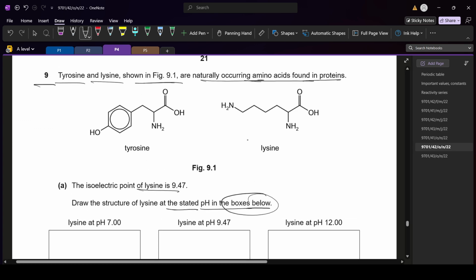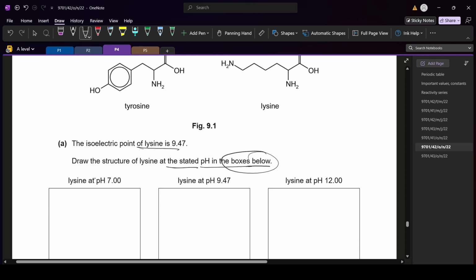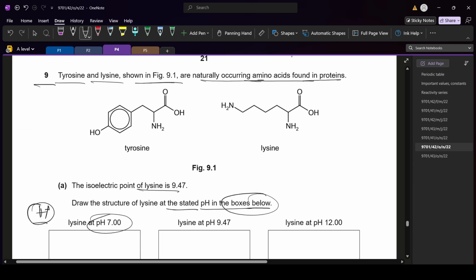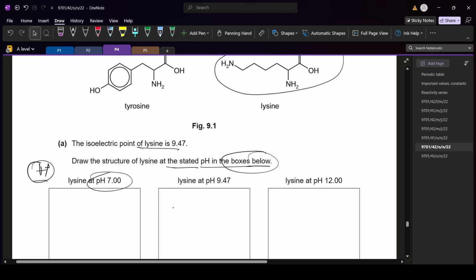So at pH 7, there will be more H+ ions, so it will form a carboxylic acid. So this is lysine. At the pH of the isoelectric point, this lysine will be in the zwitterion form. 1, 2, 3, 4, 5.